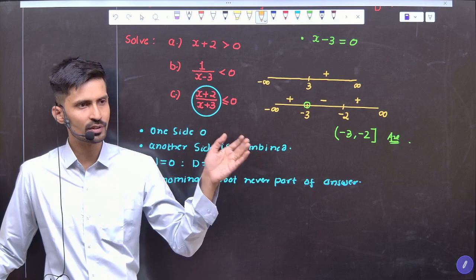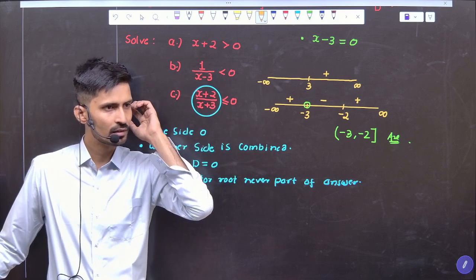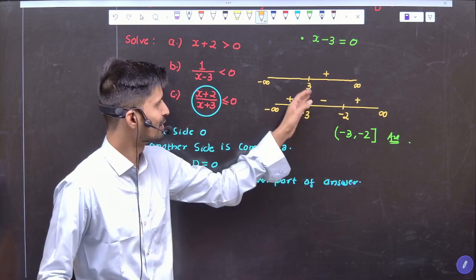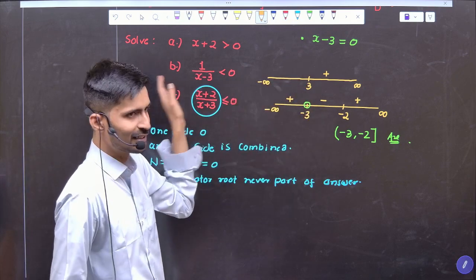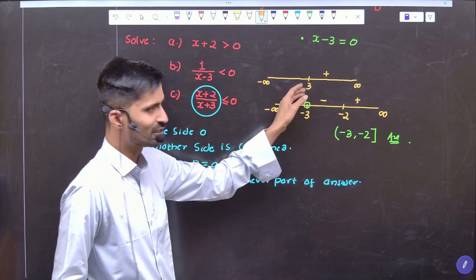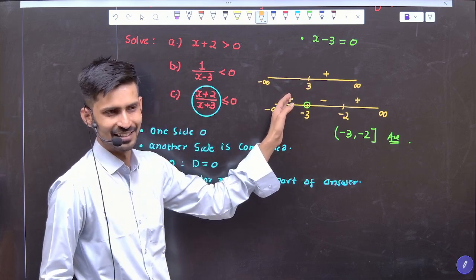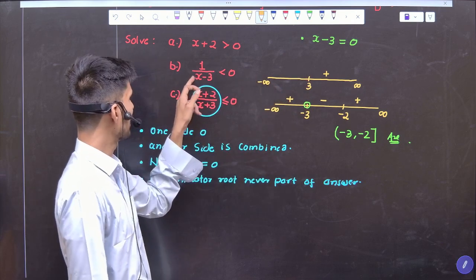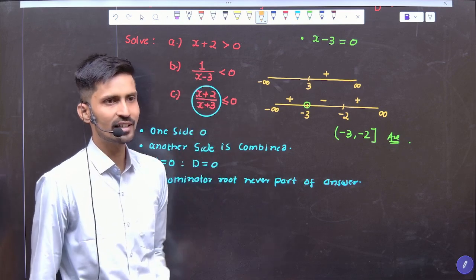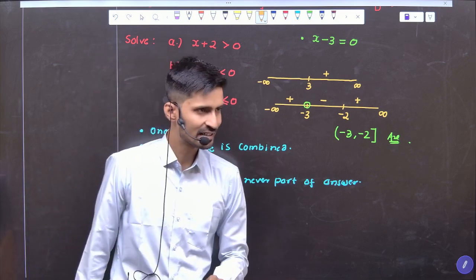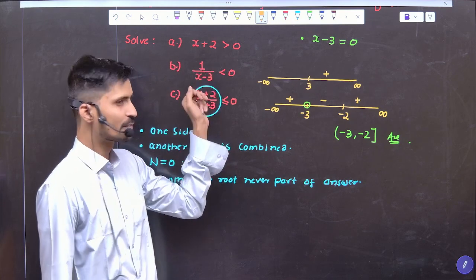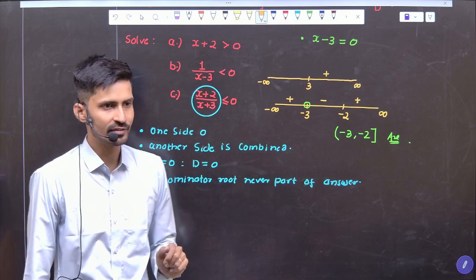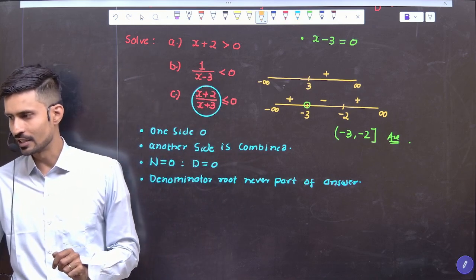Minus 5. She is so scared that she is telling directly a number from this side. She is not going towards 3 also. Okay, very good. Minus 5. Now tell me, minus 5 minus 3, what will you get? Minus 8. 1 is positive, minus 8 is negative. So total will be positive or negative? So this side it will come negative.